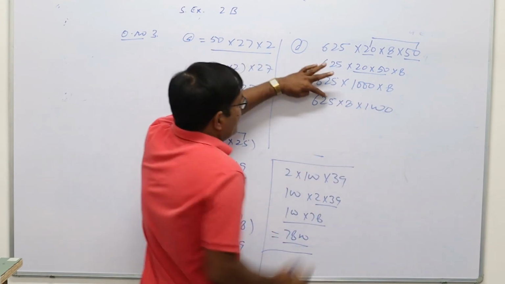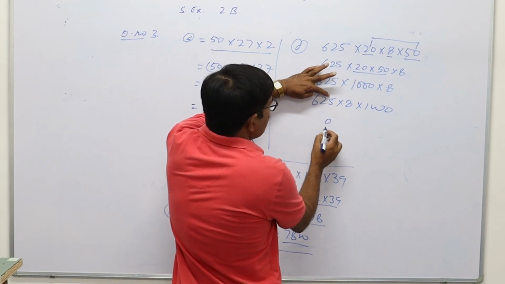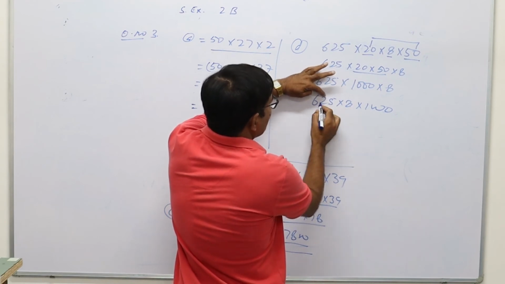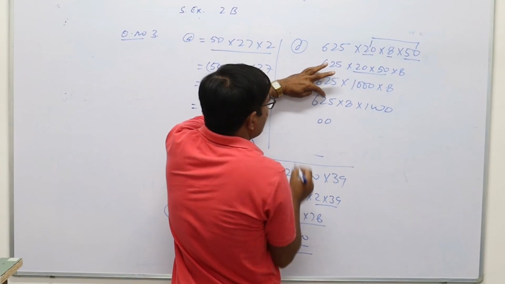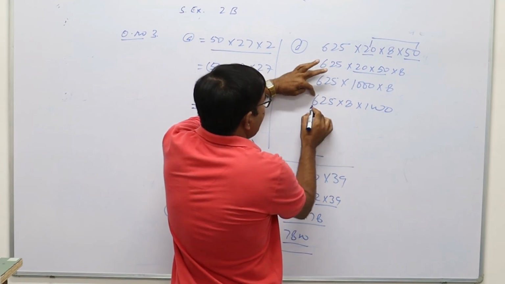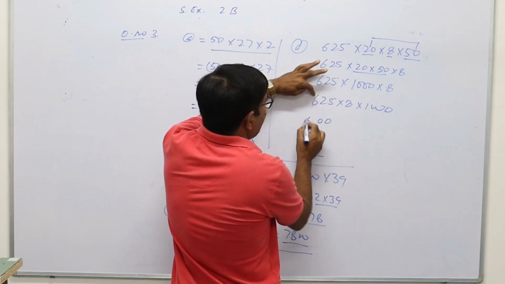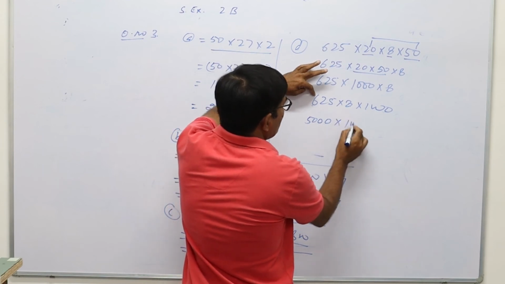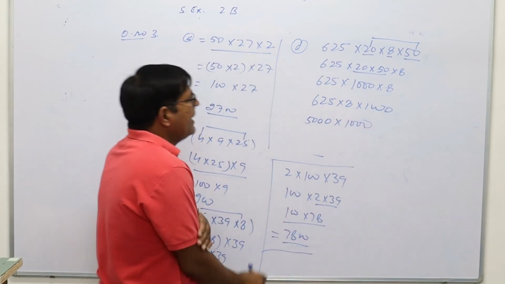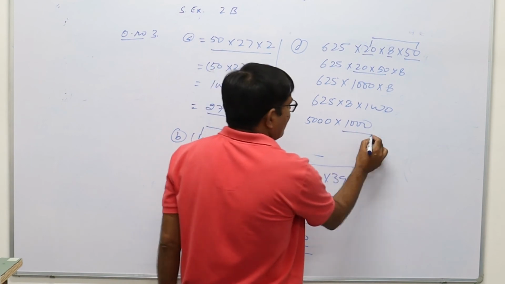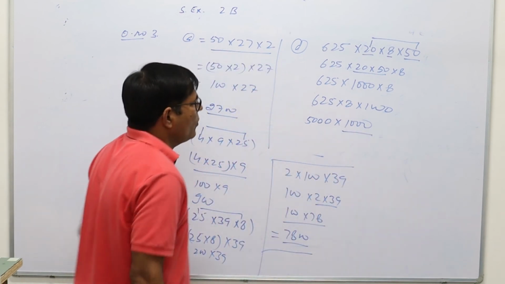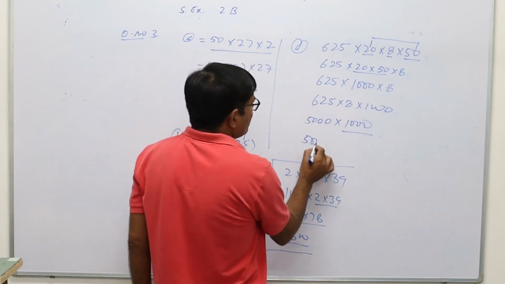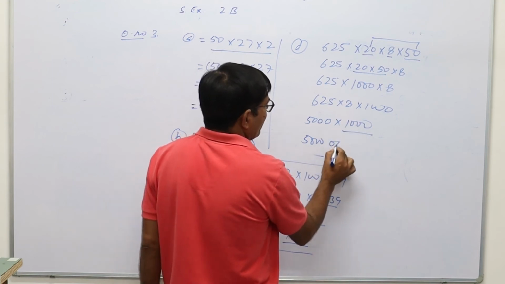So 8 5s are 40, 0, carry 4, 8 2s are 16 and 4 20, 0, carry 2, 6 8s are 48 and 2 50. So 5000 into 1000. Now simply here multiplier is 1000 of 5000. So after 5000 we will put 3 zeros. So 1 2 3.